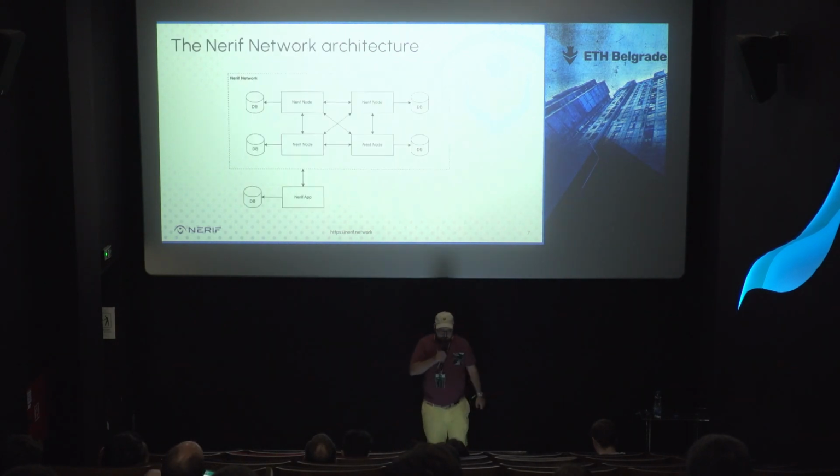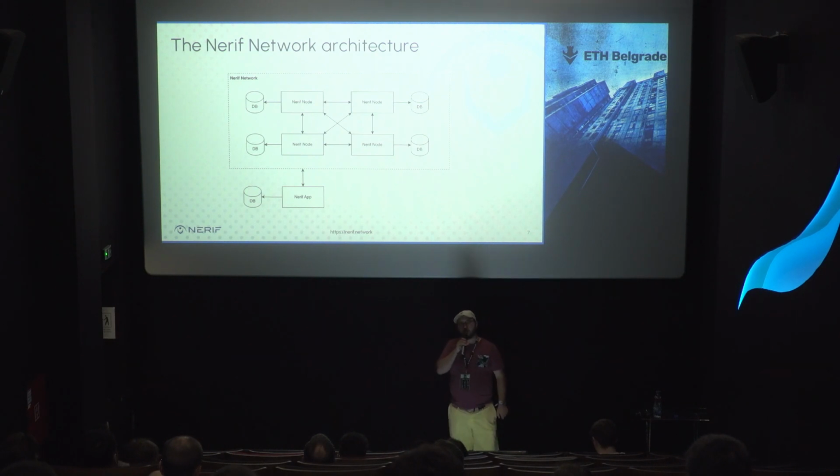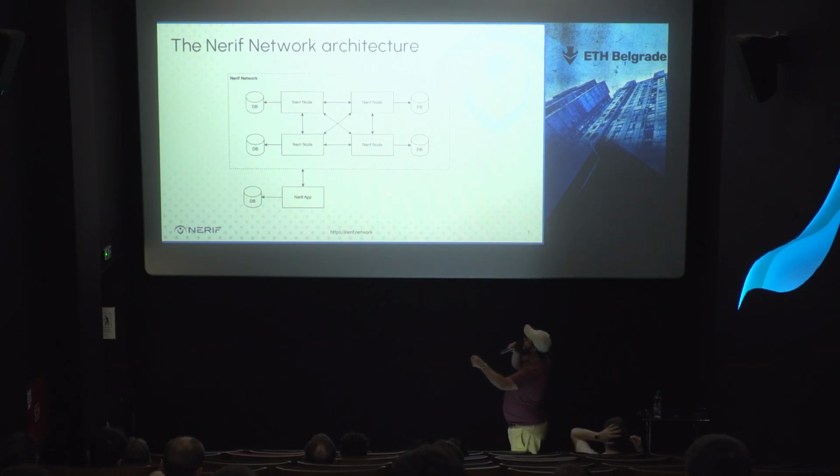How does it look like? Like this. So it's two parts, right? We have built a network, which is not a blockchain, but it's a separate physical layer. It consists of several nodes, and they have a consensus mechanism between themselves.